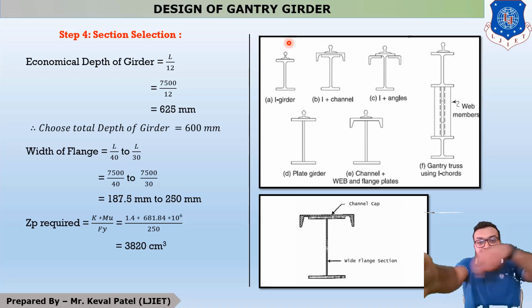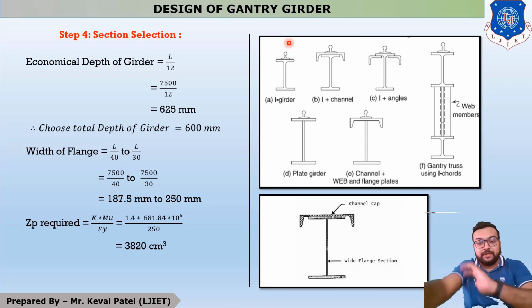When the trolley is moving like this and stops at one place, this type of force acts on the gantry girder.